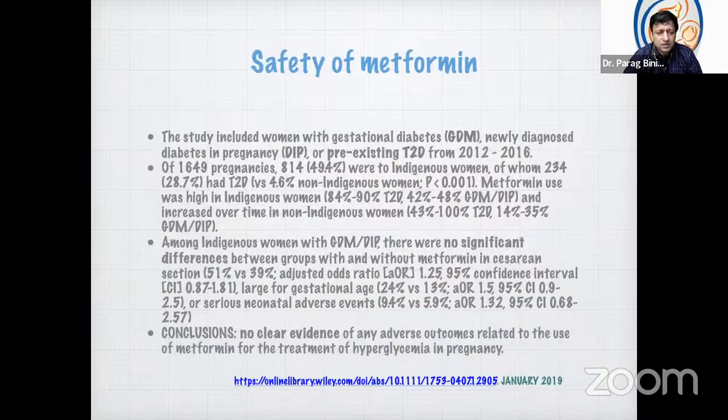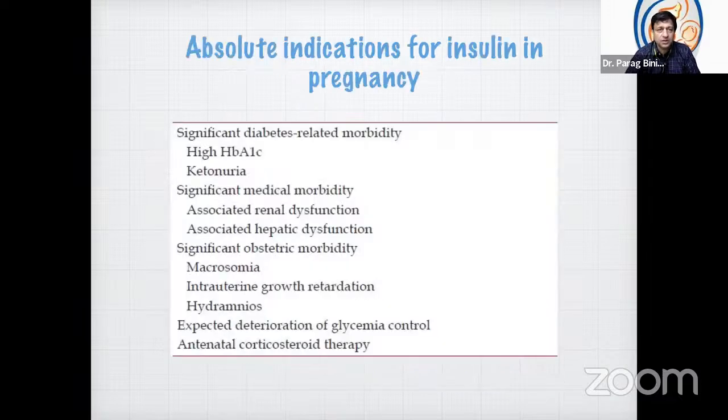So we always talk about safety of metformin, and there is no clear-cut evidence of any adverse outcomes related to the use of metformin for the treatment of hyperglycemia in pregnancy. However, most of the guidelines recommend metformin after 20 weeks of pregnancy for use in women who have hyperglycemia in pregnancy.